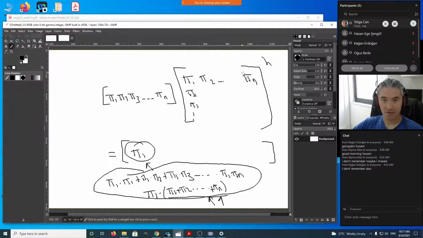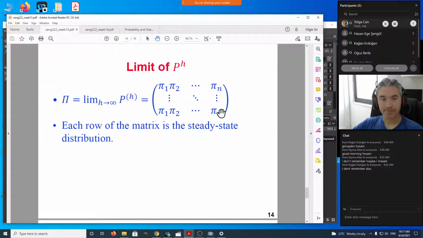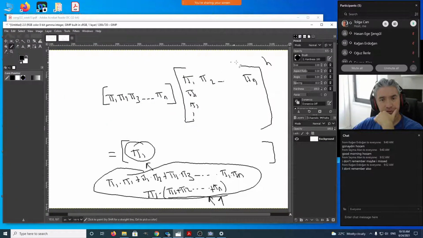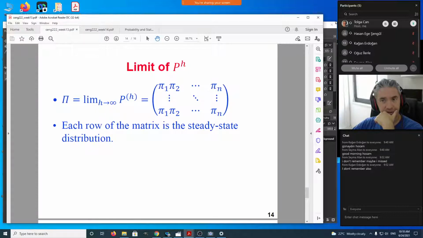So this multiplication also shows that even in h steps, if you're currently in this state, you're going to be there. Also, whatever your initial distribution is, it's also interesting. Wow. So this matrix, when h goes to infinity in the steady state, is also something interesting.